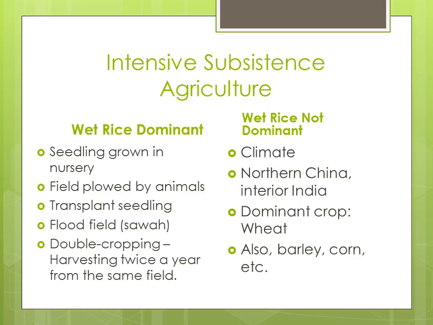Now, on the flip side of that, in areas where wet rice isn't dominant, where rice isn't typically grown, climate is the biggest explanation as to why. Typically, the areas where wet rice is not going to be viable are areas where precipitation levels, rainfall, are too low, and the winters are too harsh, too cold. Northern China is a great example, and the interior part of India.